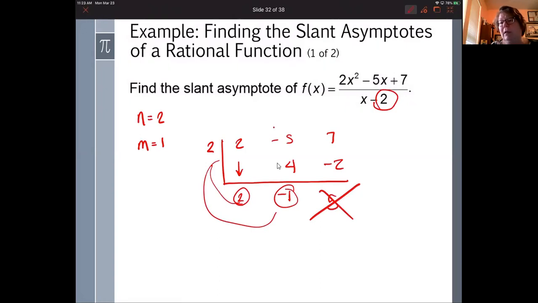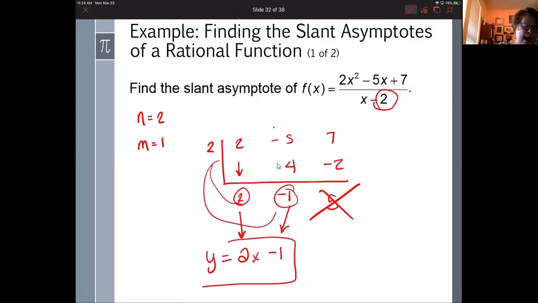I'm concerned only with the quotient. The quotient is the equation of my slant asymptote. So I have a 2, which is going to give me 2x. The minus 1 is my constant. y = 2x - 1 is my slant asymptote. So again, I'm not really concerned about the remainder at all.